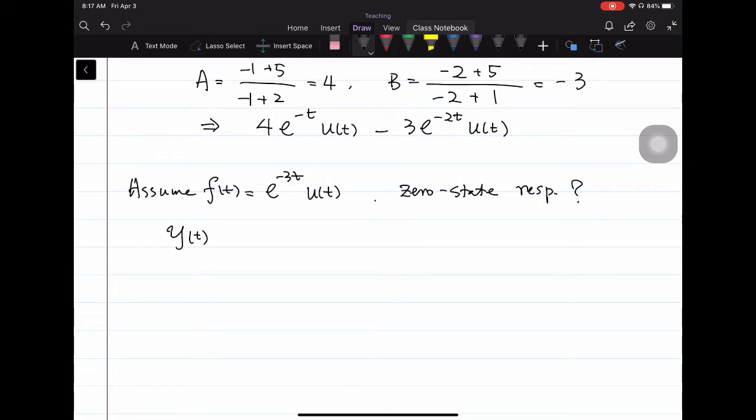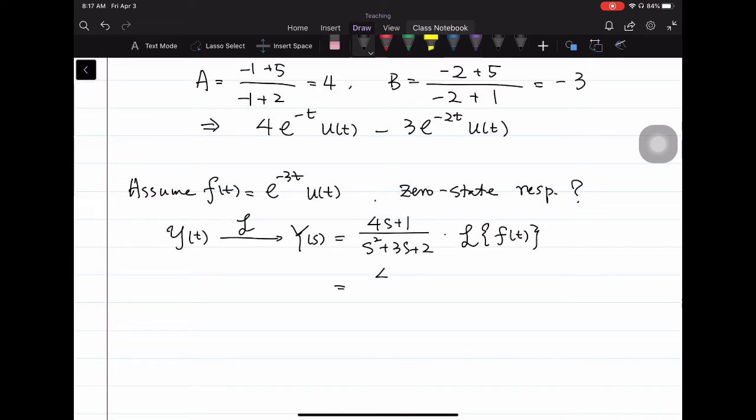And if we use the Laplace transform Y of s to represent this Laplace transform, from what we know above, it should be equal to the transfer function of the system, multiplied by the Laplace transform of f of t.